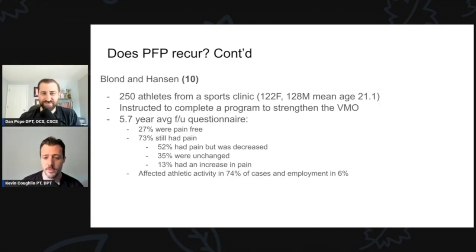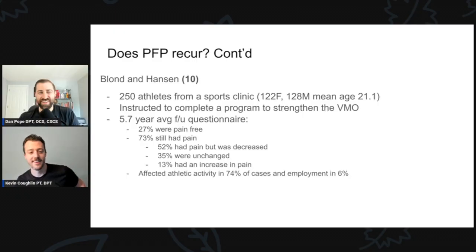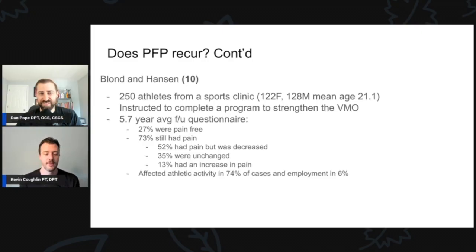These statistics are a little bit discouraging, but I also don't know if strengthening the VMO is the only key to success. So, maybe this study is almost a revert to the mean. I mean, who knows? But again, 73% still had pain. So higher than the previous study, but take it with a grain of salt with the treatment approach. But recurrence is still very high. So hopefully we can improve that a little bit with our treatments.